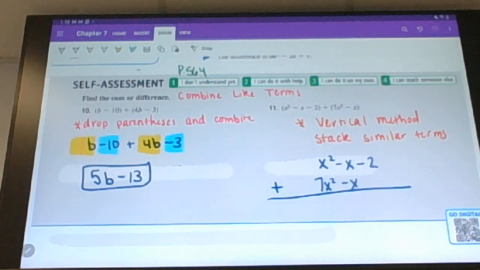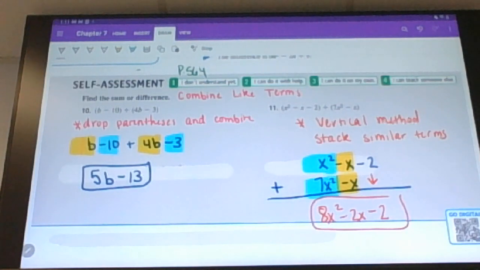You add down. 1x squared and 7x squared makes 8x squared. Negative x plus a negative x makes minus 2x. The constant doesn't change. There's the sum. Our result is a trinomial, leading coefficient 8, and degree 2. Degree 2 we call a quadratic.